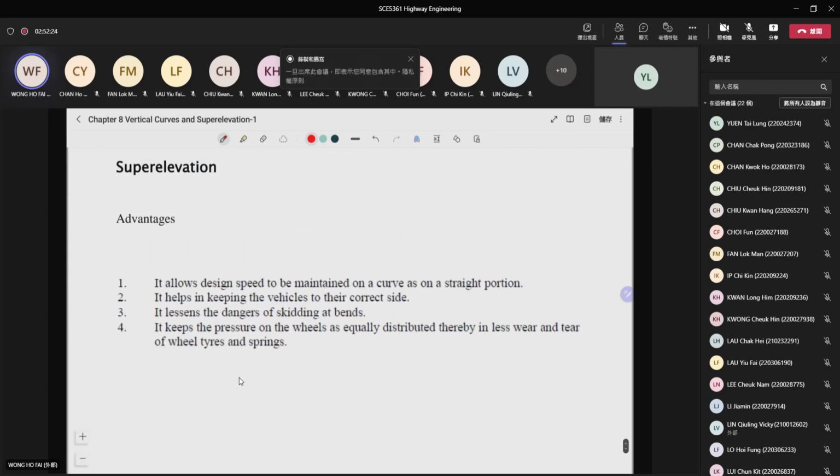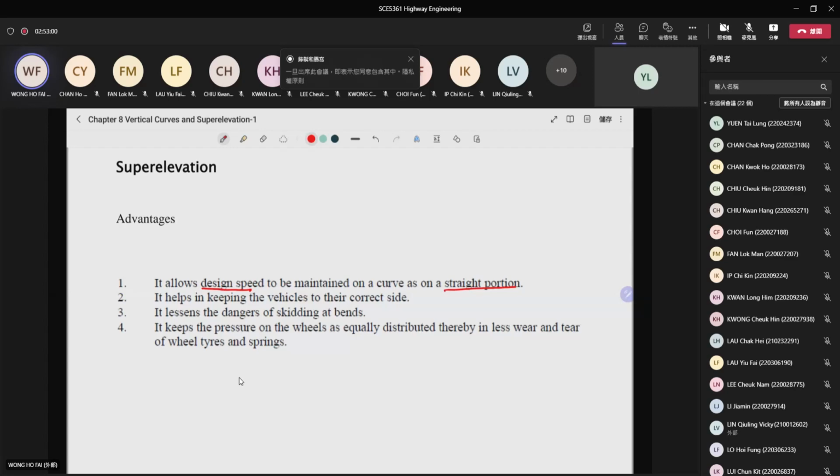So the super elevation has the following advantages. First of all, it allows the desired speed to be maintained on a curve as on a straight portion. Because on a straight portion, usually you can have a very high desired speed. But when you are turning around, there will be centrifugal force applied on the vehicle.